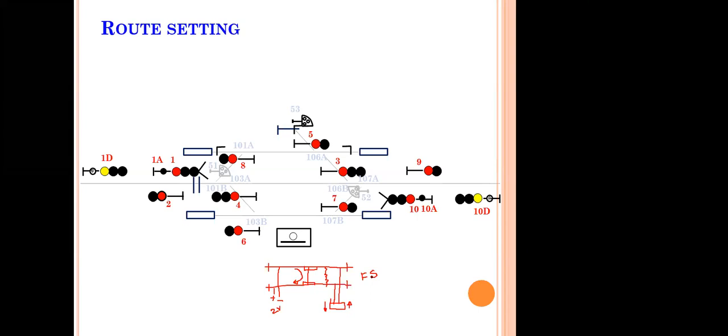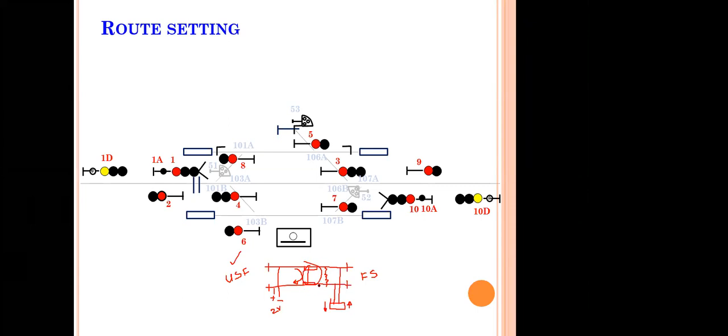What do you mean by fail-safe system? Fail-safe means, suppose if it is an unsafe side failure. What is unsafe side failure? Keeping a train here, if I am able to take off a signal, that is unsafe.